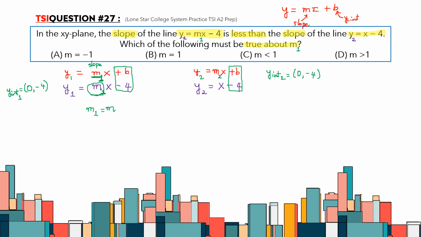The slope of line number 1 is m1, and the slope of line number 2 is m2. That's just the name we call them, so it's easier to work with. Seeing y2 equal x, the coefficient is 1, so m2 is equal to 1.